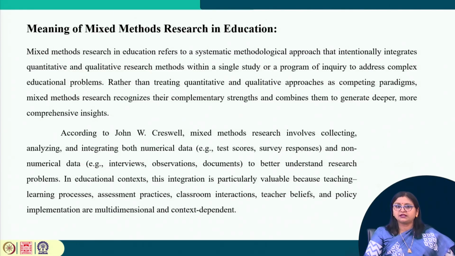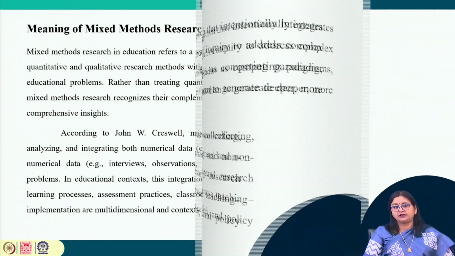In the educational context, this integration is particularly valuable because teaching-learning processes, assessment practices, classroom interactions, teacher beliefs and policy implementation are multidimensional and context dependent.